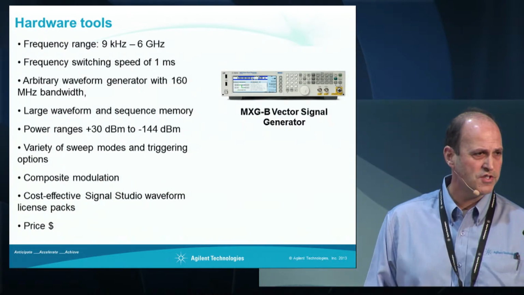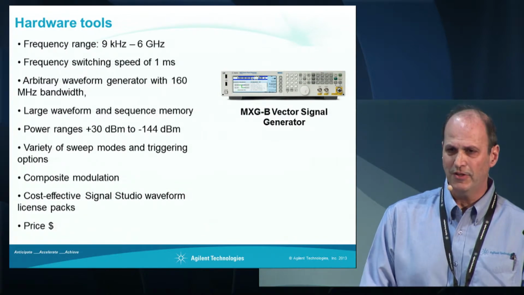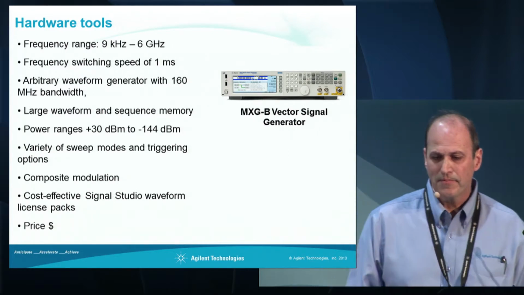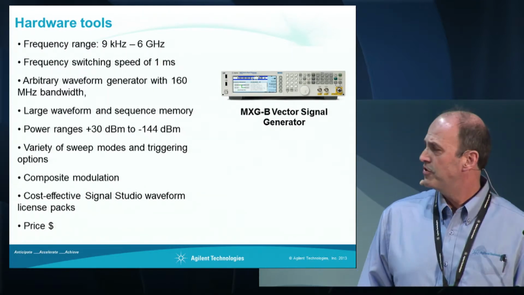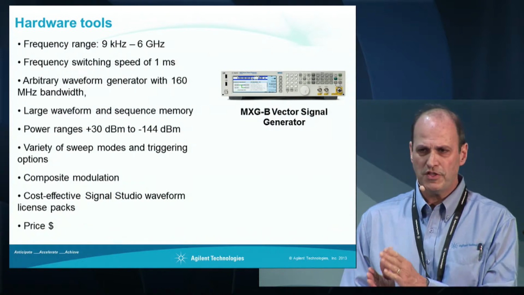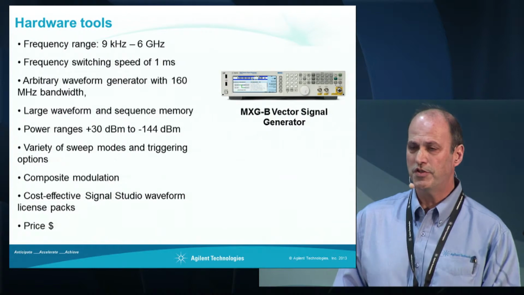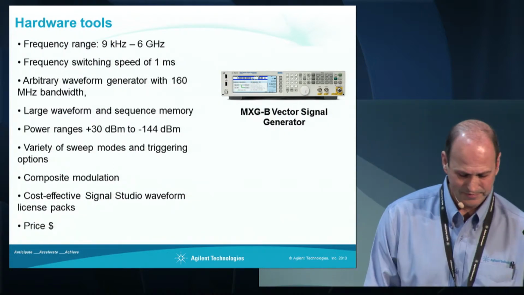Wide power range to go from very high power levels to very low, so we can simulate maybe a detonation signal that is very far away. Again, various sweep modes and list modes, so you can set up a list of frequencies where you can very quickly hop from one frequency to another in order to simulate multiple signals.